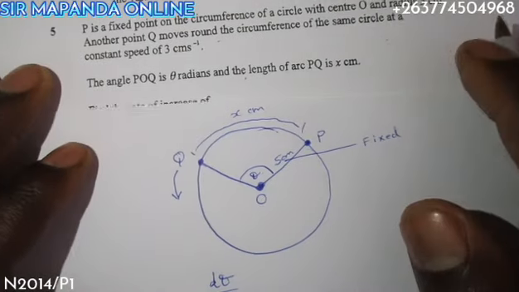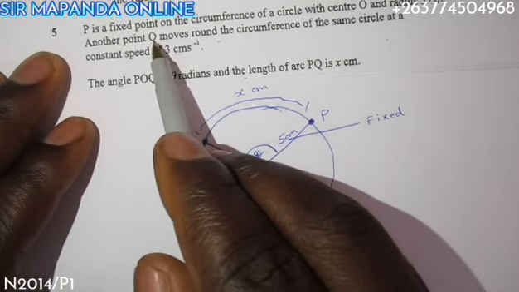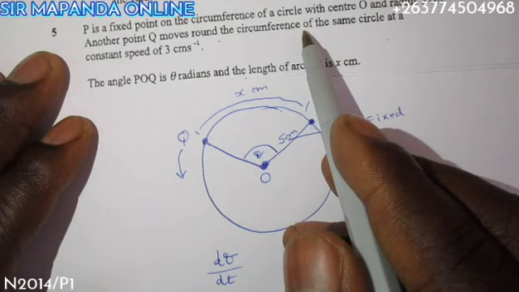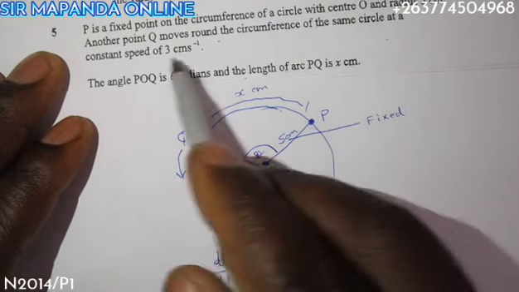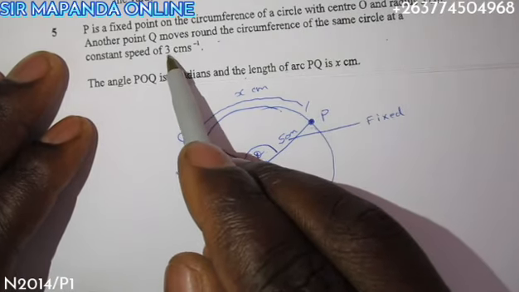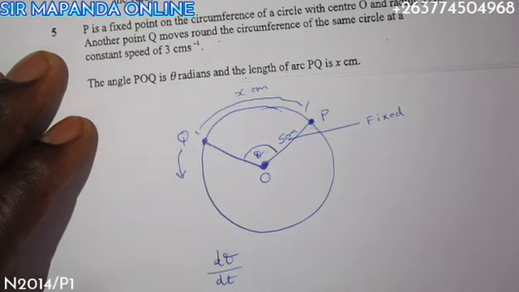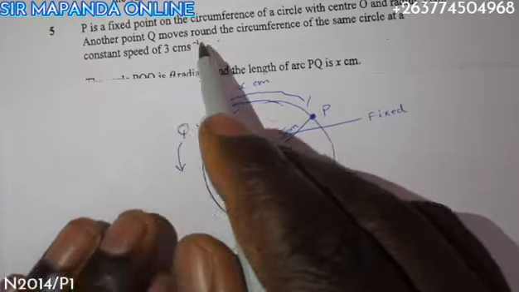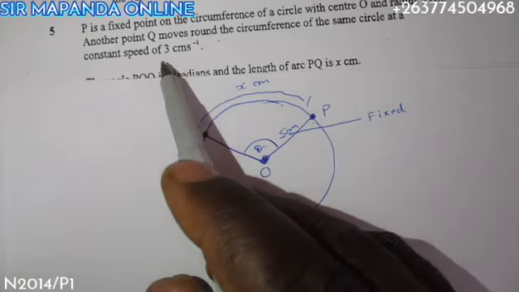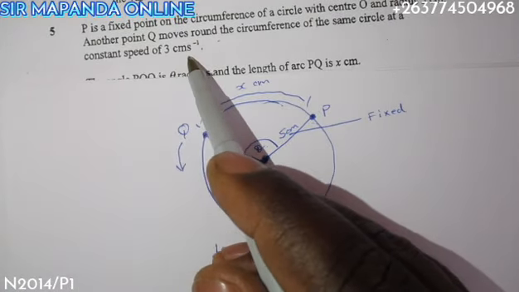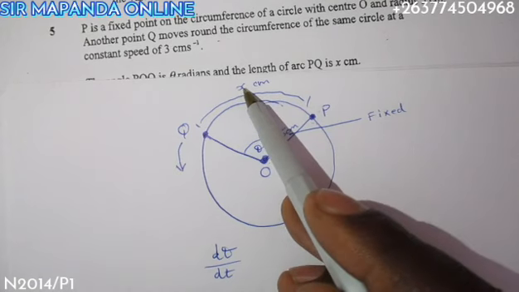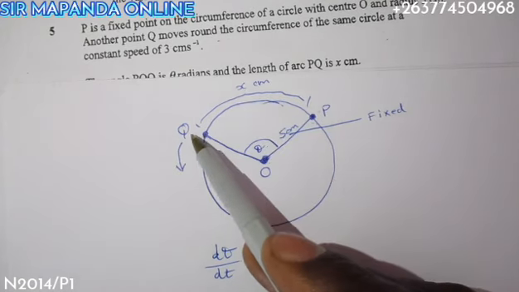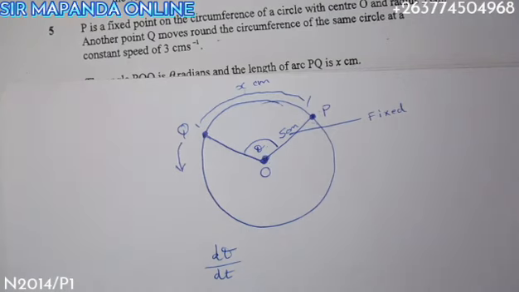Then we are also given in the question that Q moves around the circumference of the circle at a constant speed of 3 centimeters per second. So if Q is moving at a constant speed of 3 centimeters per second, it simply means this value of x is going to increase with the same speed as Q is moving.